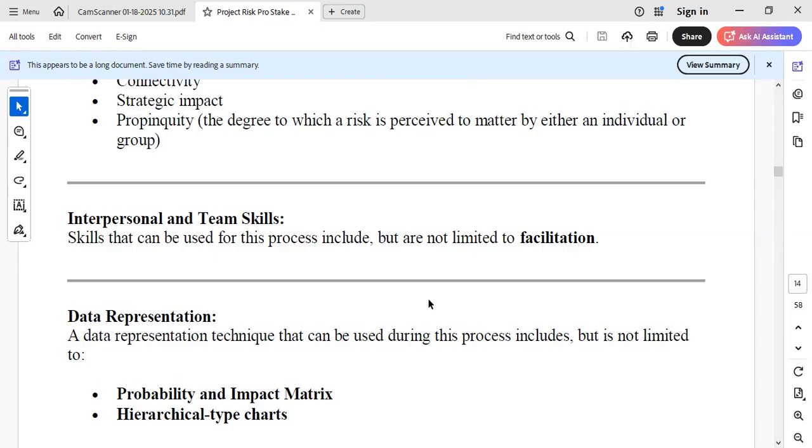Remember, when the risks are analyzed as regards their likelihood of occurring as against their impact, they would be placed in a hierarchical list.